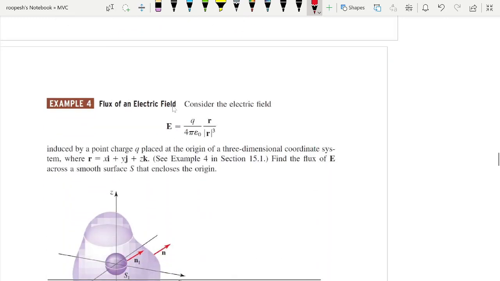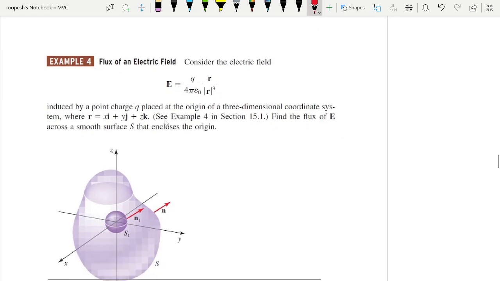Here is an example. Flux of an electric field. Consider the electric field E equal to Q by 4 pi epsilon naught, R by R cube, induced by a point charge Q placed at the origin of a three-dimensional coordinate system, where R equal to xi plus yj plus zk.